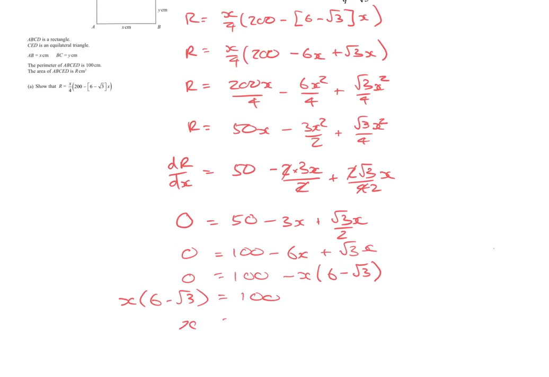So x will be 100 over 6 minus root 3. And now I've got it in the form that I wanted. The question wanted it in the form of p over q minus root 3, so clearly we can see p equals 100 and q equals 6.